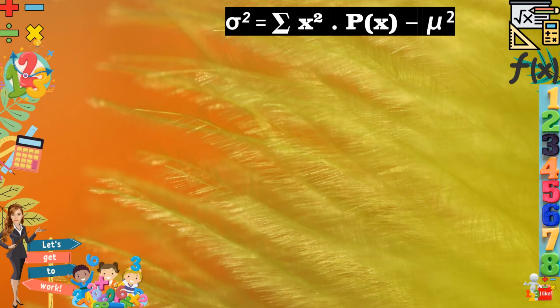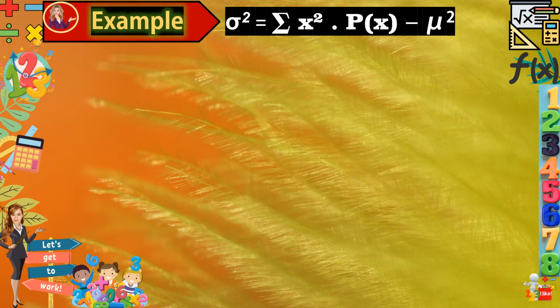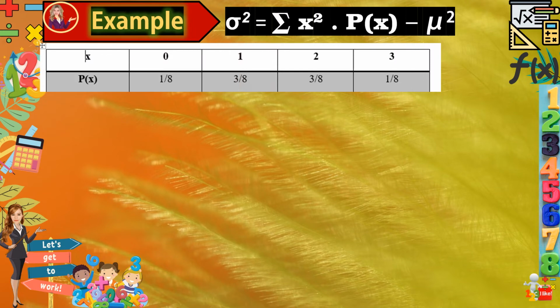Now, let us try the alternative formula, which is sigma squared is equal to the summation of x squared multiplied by p of x, minus mu squared. With a given example, we have the same example, your x here: 0, 1, 2, and 3. Then your p of x is 1 over 8, 3 over 8, 3 over 8, and 1 over 8.